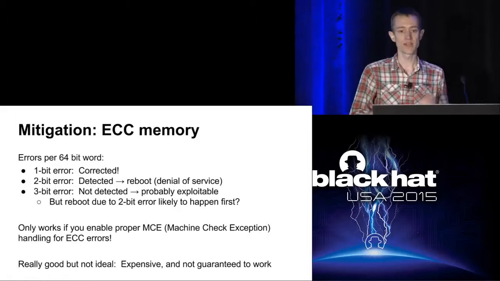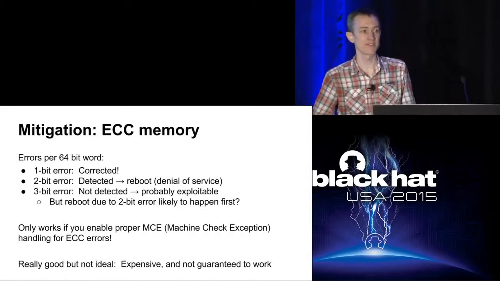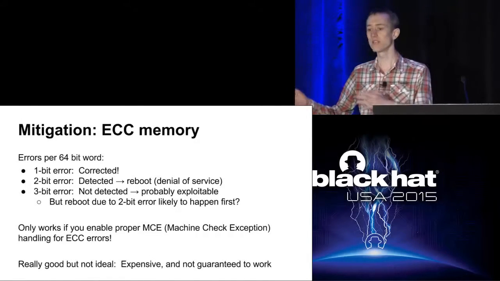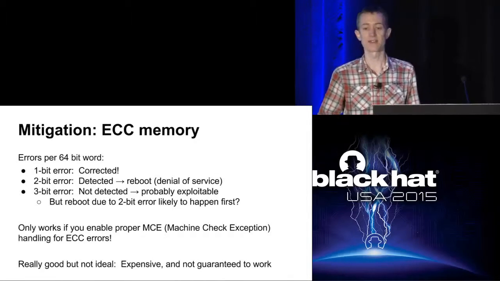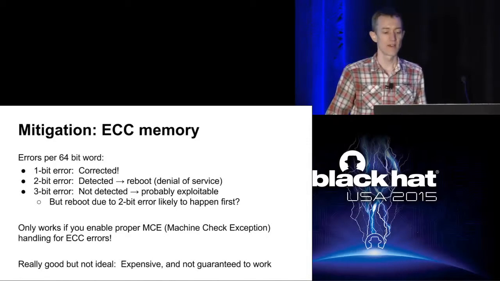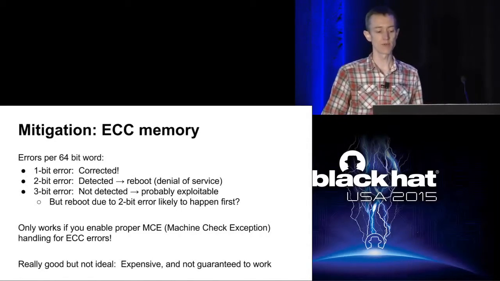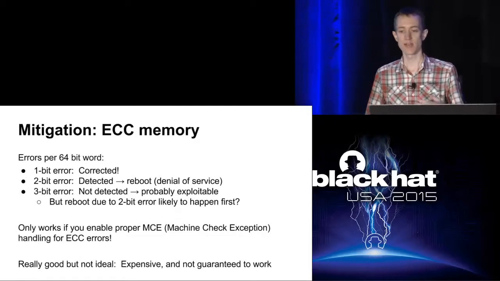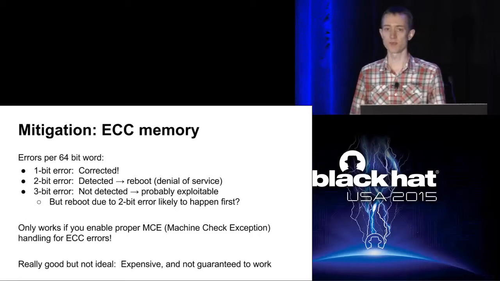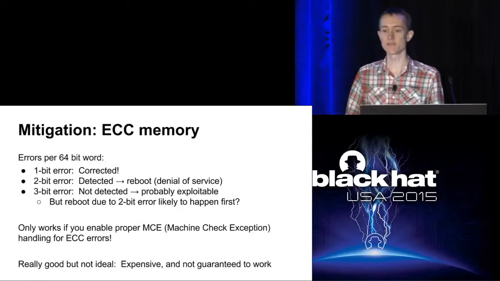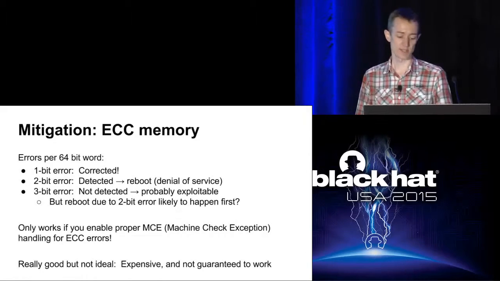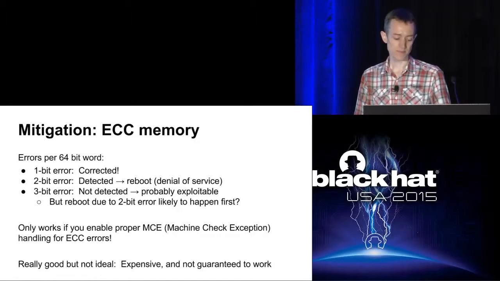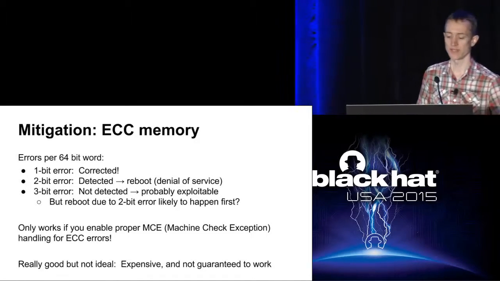So the number of errors you get is generally going to depend on how bad your DRAM is. If you've got really bad DRAM, you could get a 3-bit error. But I think it's more likely that an attacker would cause a 2-bit error first and trigger a reboot. So you'd get a lot of reboots before this would be exploitable. So basically, ECC reduces the problem to being a denial of service problem rather than a privilege escalation problem. So that is better, but it's not ideal.